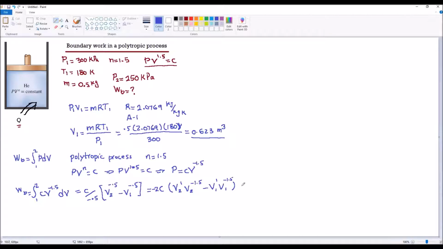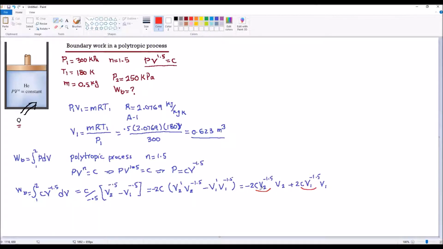So now one more operation: negative 2C times V2 to the negative 1.5 times V2, plus 2C times V1 to the negative 1.5 times V1. I am going to separate these two parts.